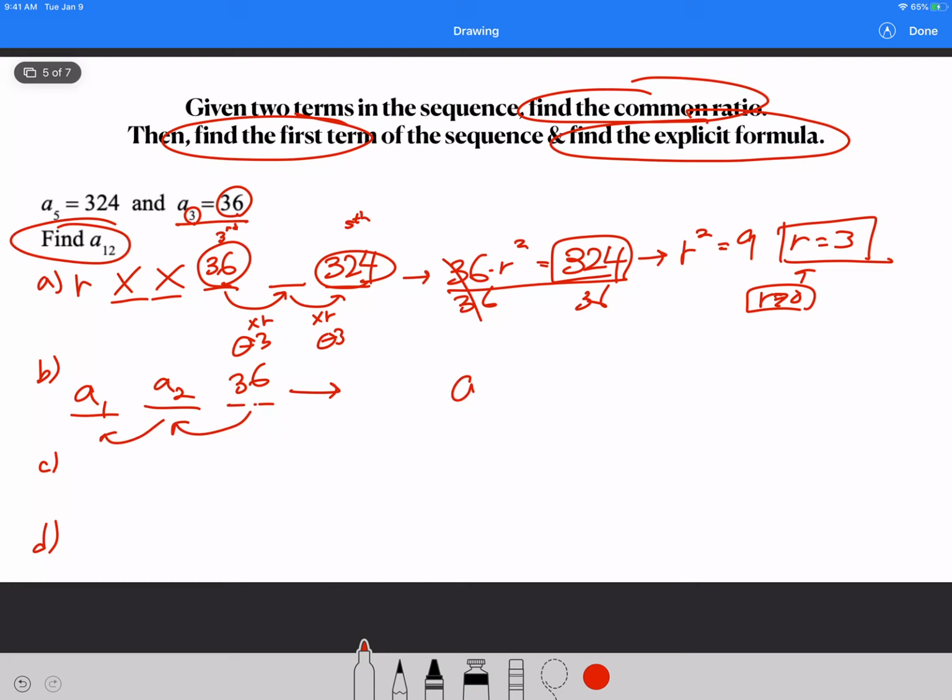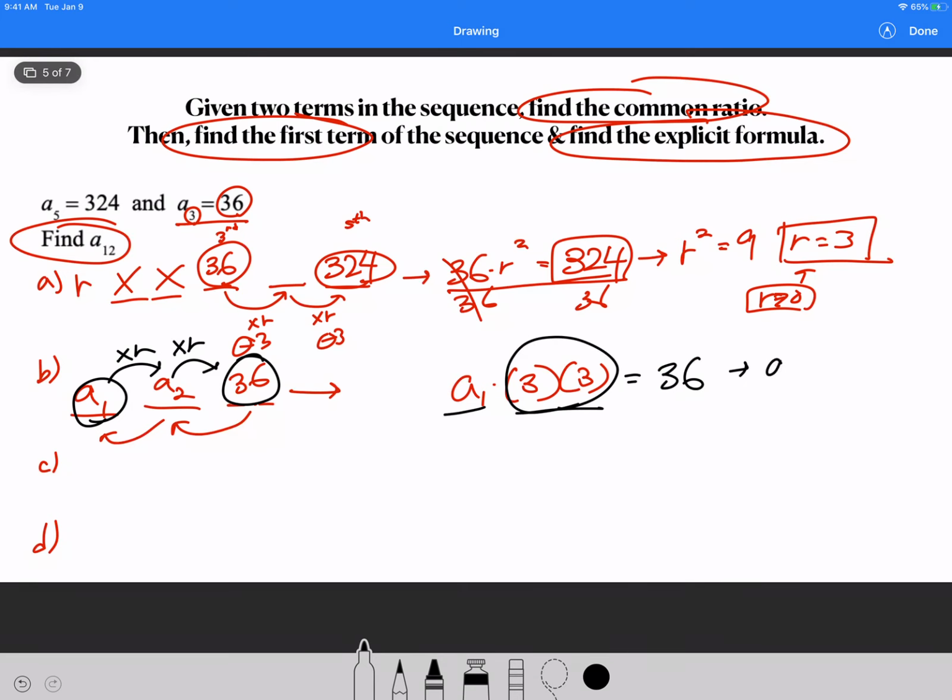Whatever this a sub 1 is, I am multiplying it by the common ratio of 3 twice, because from a sub 1's perspective, multiply by r and then I get 36. So a sub 1 times 3 squared is equal to 36. Well, 3 squared is 9, so a sub 1 times 9 is 36, so a sub 1 should be 4. So I have those.